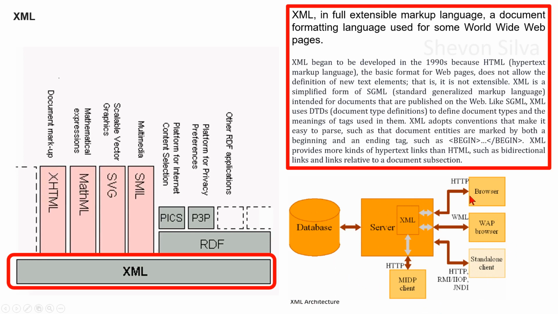The browser is connected with the server through HTTP, hypertext transfer protocol. The WAP browser, wireless application protocol browser, is connected with the server through WML, wireless markup language.